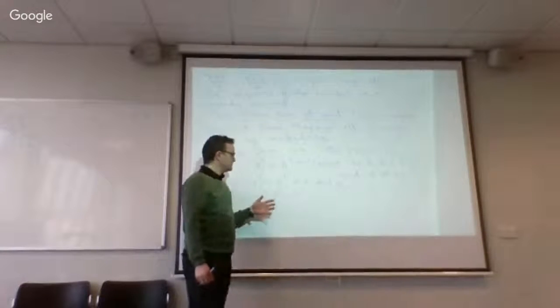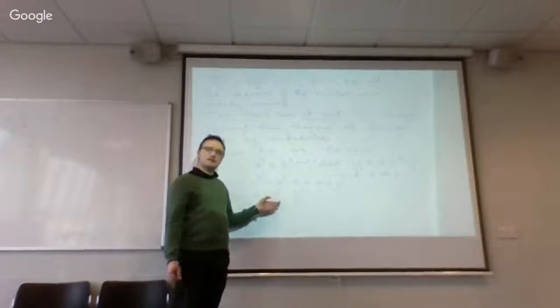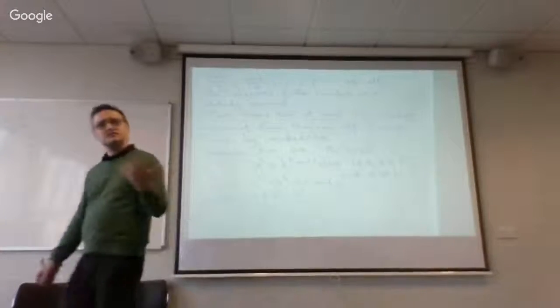P is a prime number. A squared minus b squared is the difference of squares. Is there any obvious way to proceed from here? Something should kick in when you see a difference of squares. What kicks in when you see a difference of squares? Factorize it, yeah.